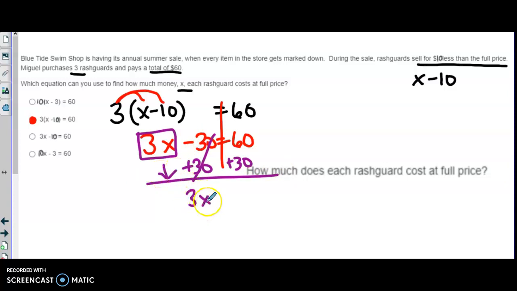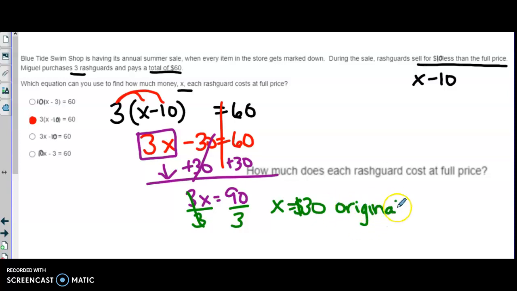So then 3x equals 90. We got to get rid of that 3, so we would divide each side by 3. And x equals 30. So $30 is the original price. Not on sale, that's just the original full price. Oops, I guess I should have written full.